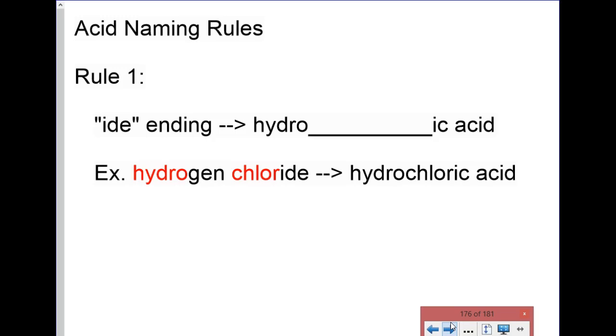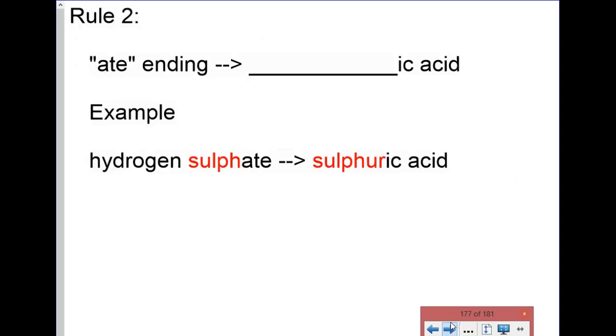Does it fit into rule 2 or rule 3? It's this one. So you need to take nitric acid and translate it into a formula. To do that, you need to go backwards from nitric acid to hydrogen nitrate. See if you can come up with the formula.